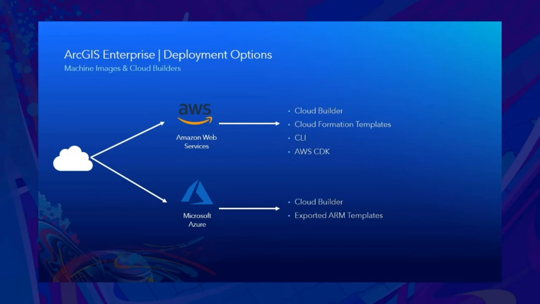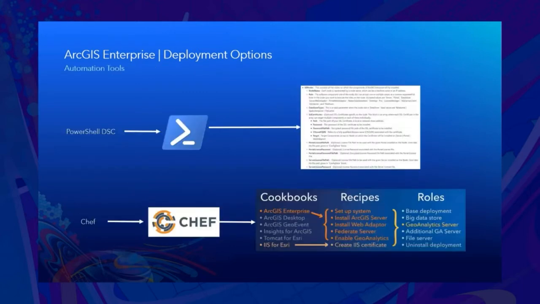On AWS, you have the CloudFormation templates that we provide, and you could use the AWS CLI as well. We also provide automation tools for those that need even more flexibility, regardless of the environment that you're working in.